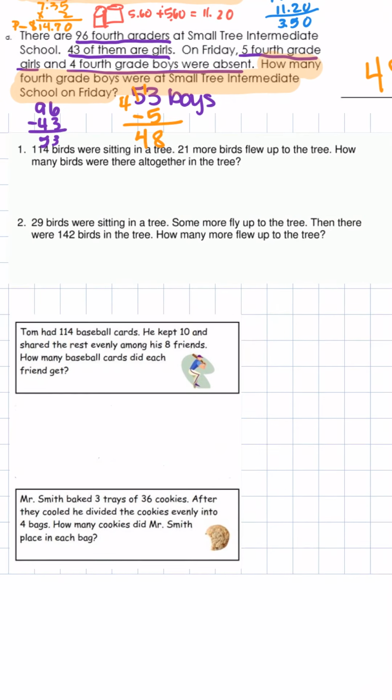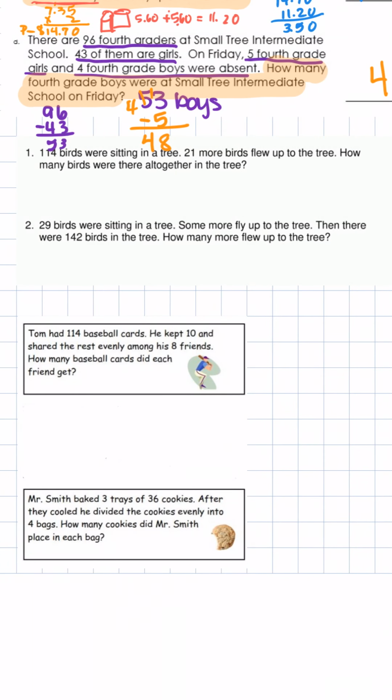So now let's take a look at this one. Sorry, I kind of wrote on a few of these. Let's erase that there. 114 birds were sitting in a tree. 21 more birds flew to the tree. How many birds were there altogether? So I read it, underline what I know, circle what I want to find out. How many birds altogether?